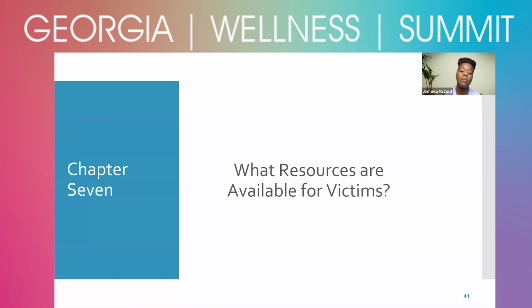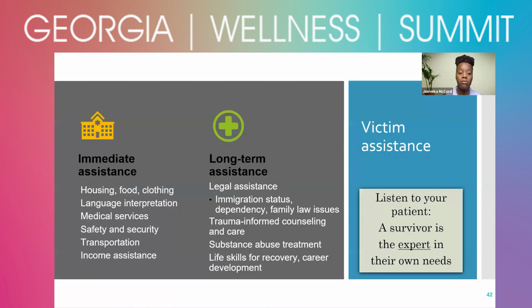And lastly, we want to talk about the resources that are available for victims. We kind of touched on this already, but immediately, once that victim is identified, we can provide assistance in the form of housing, in the form of clothing, in the form of food. There are numerous shelters throughout different cities and states that may be able to accommodate these victims.